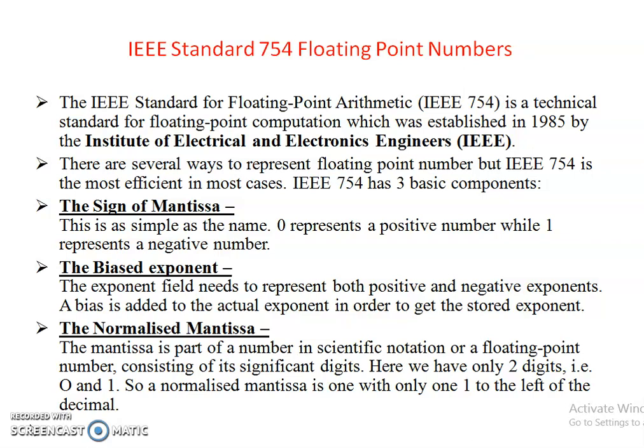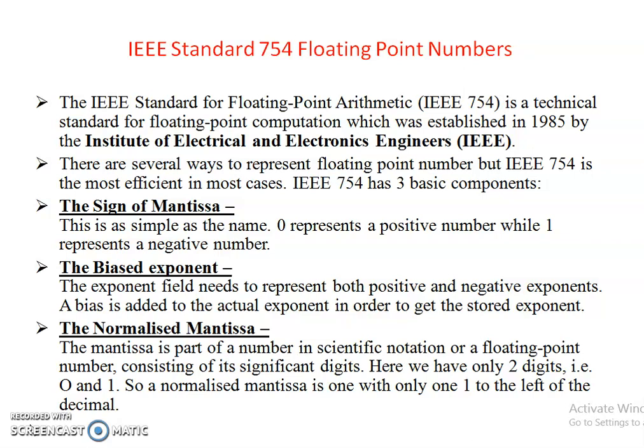So for hardware implementation simplicity, the point position must be fixed. For example, the point is placed to the right of the first non-zero significant digit. So the IEEE standard represents the development for implementing floating point numbers and is widely used in Linux systems and Intel computers.